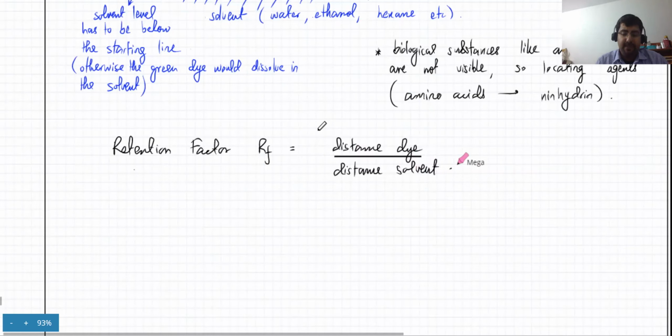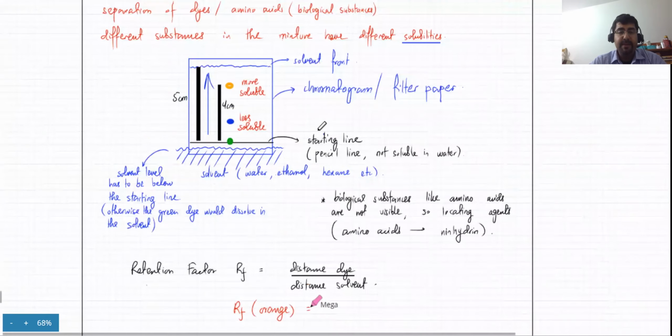And it's always a unique value. Every component in the mixture is going to have a very unique RF value. So for example, the orange dye is going to have a very specific retention factor, and that is going to be the distance traveled by the dye, which is 4 centimeters, divided by the distance that is traveled by the solvent, which is 5 centimeters.